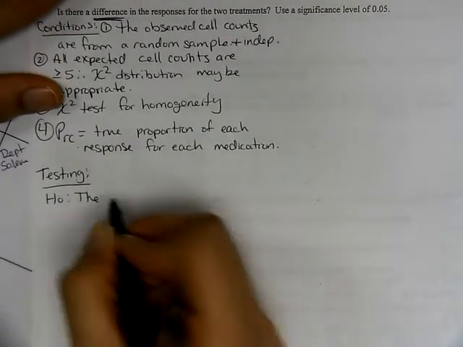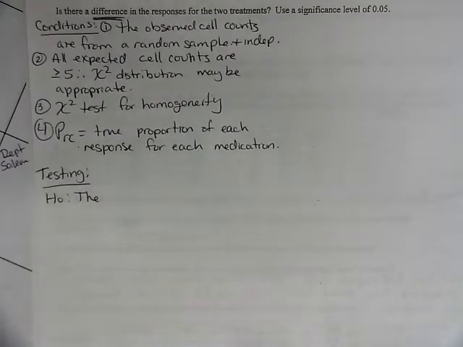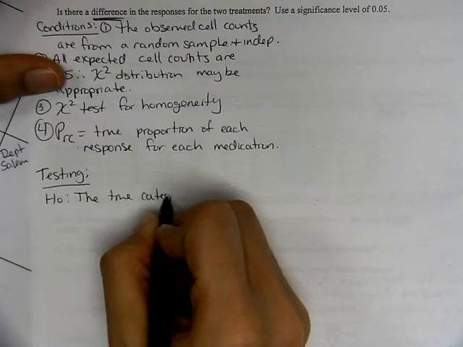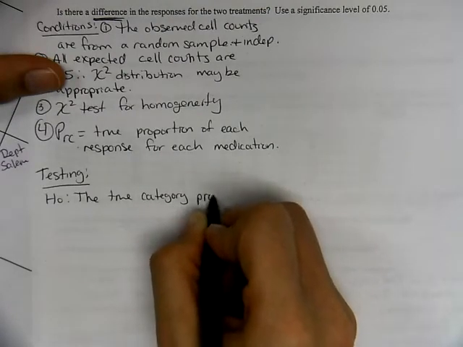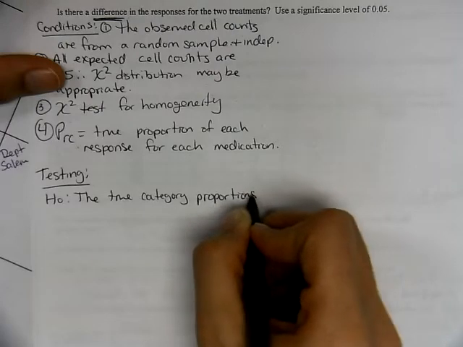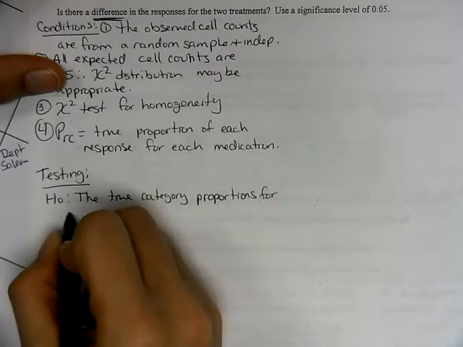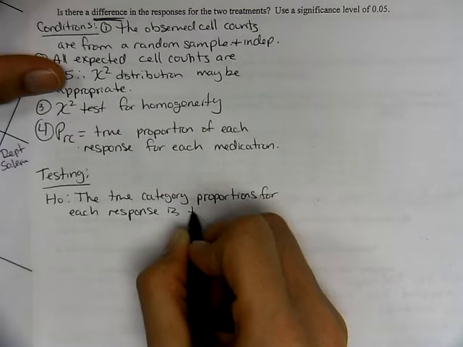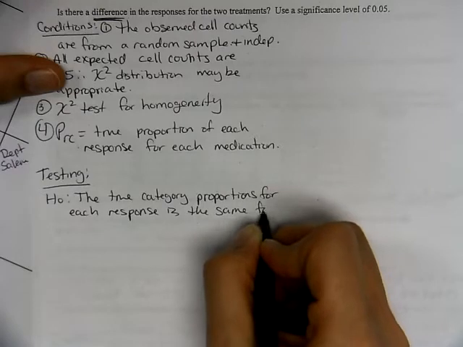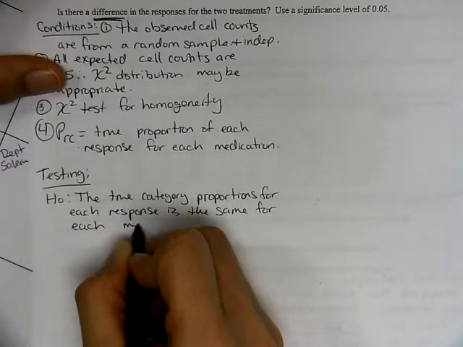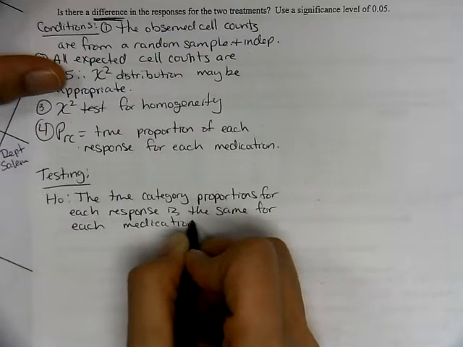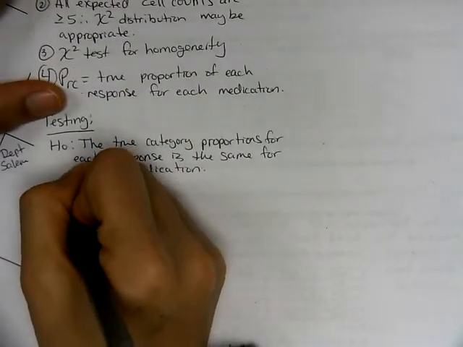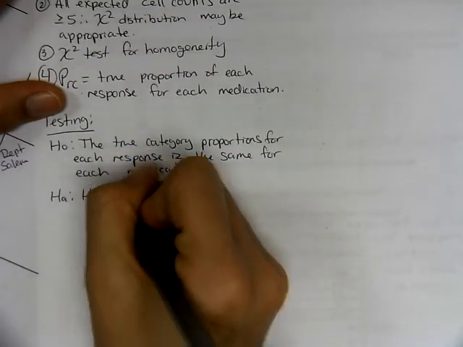So your null hypothesis is that the true category proportions for each response is the same for each medication. And honestly, when you write your alternate, you can just write that the H0 is not true.